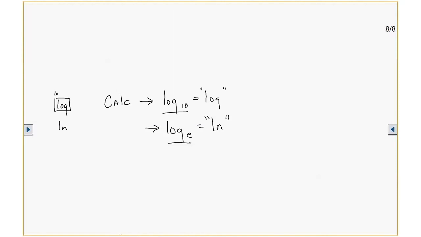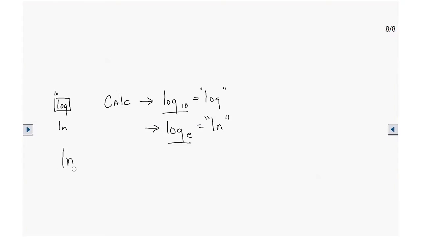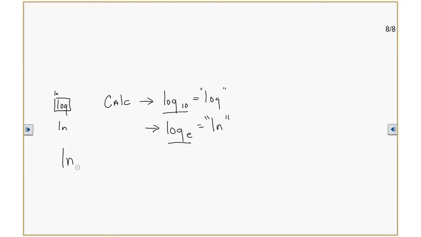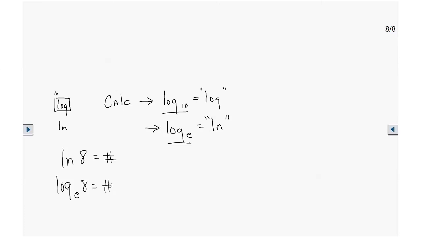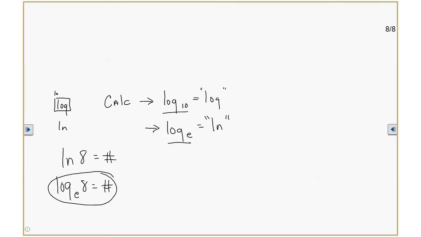So if you have natural log of 8 is equal to some number, you can change this into log base E of 8 is equal to some number, and now you can apply the definition of logarithm and rewrite it.